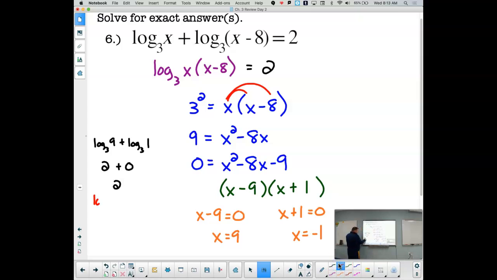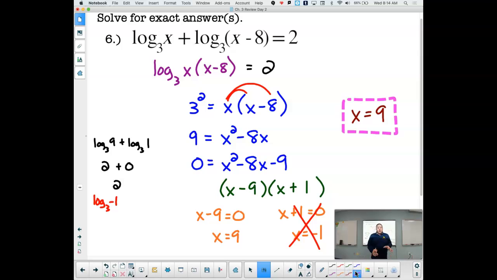Then I'm going to check negative 1. Log base 3 of negative 1 is not possible. The argument has to be positive, so negative 1 fails. The only answer that I get here is x equals 9.